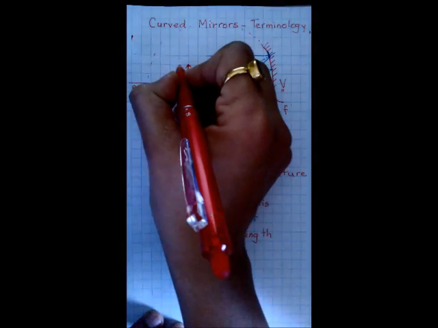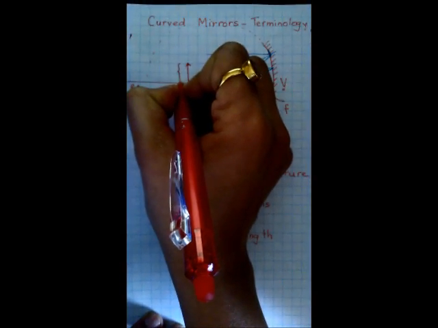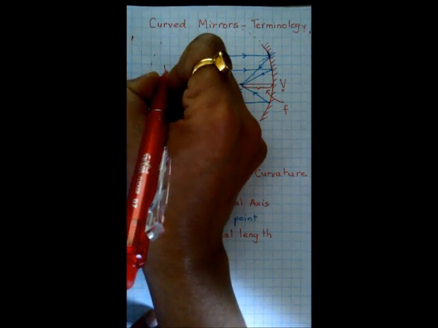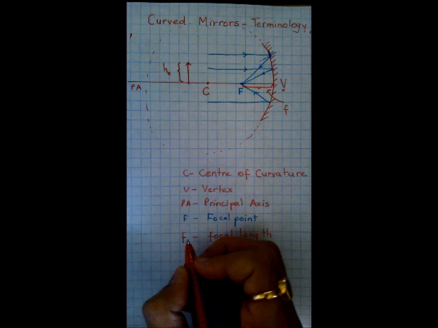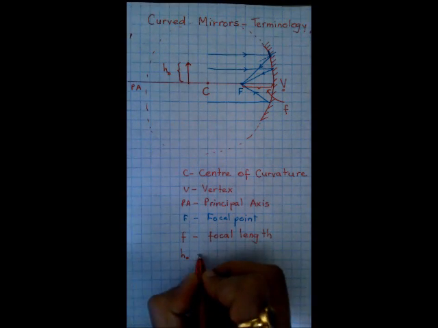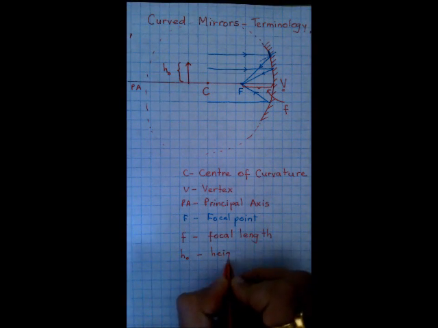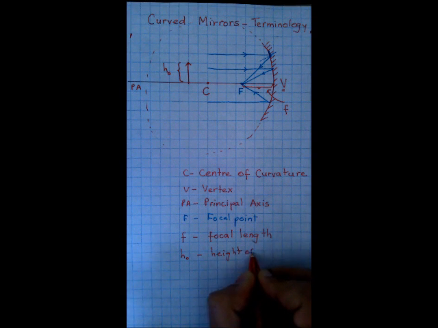Okay, the height of the object is represented by HO. Okay, so let's add on to our list over here. HO is the height of any object.